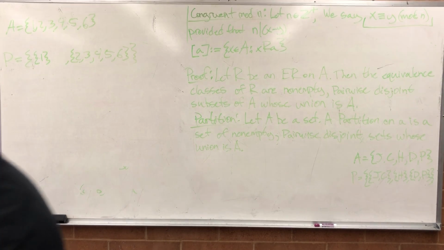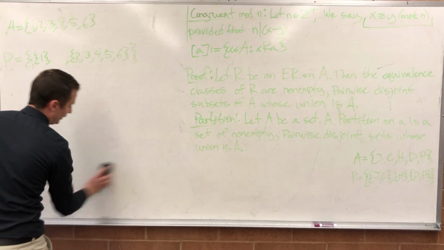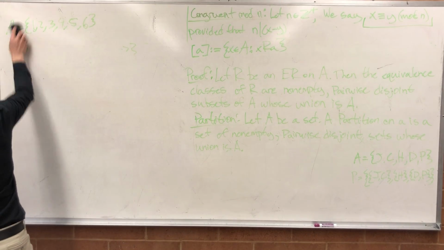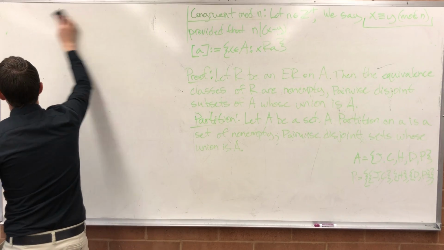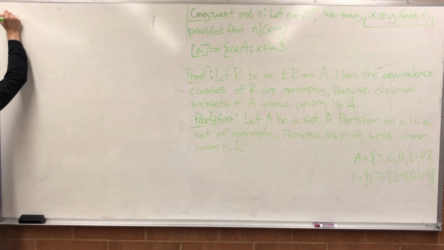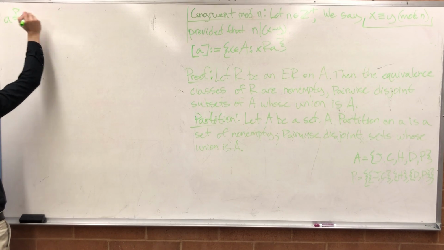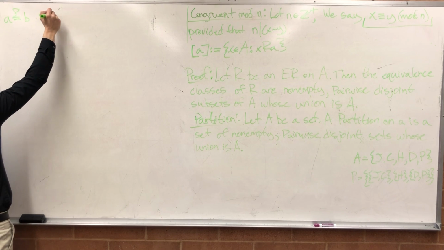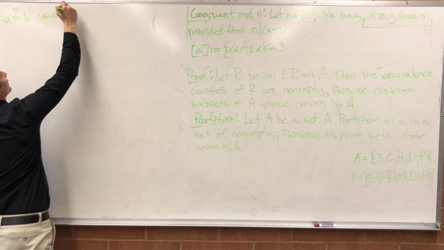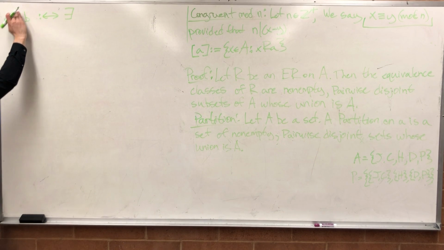Okay, so now we define a new relation, equivalence relation, which is the in-the-same-part relation. Here's what that looks like. We say A is equal with the P above it to B, and we define that notation to mean that there exists, they use P for the part, so you try and use fancy P for the partition.